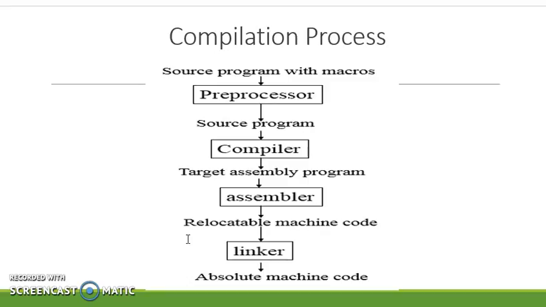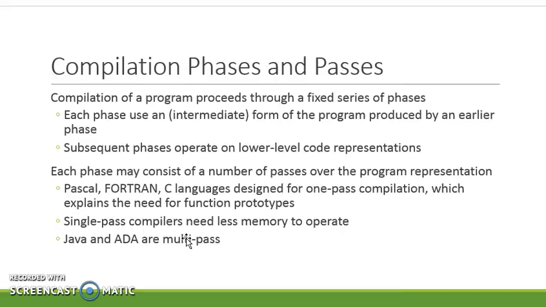The assembler takes the target assembly program and converts it into relocatable machine code. Finally, the linker links the relocatable machine code into absolute machine code, where the machine instructions are generated.